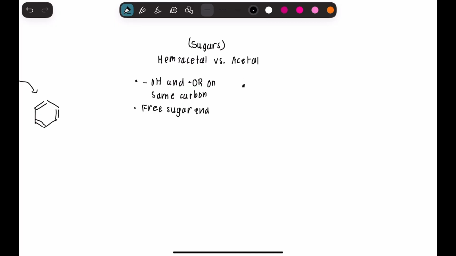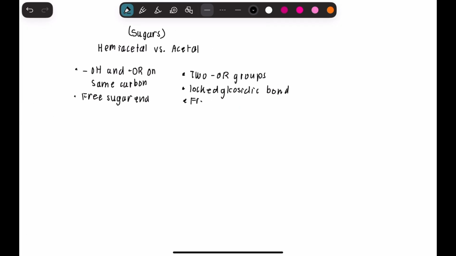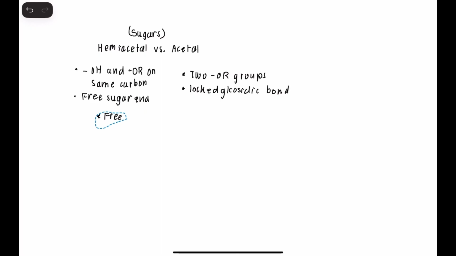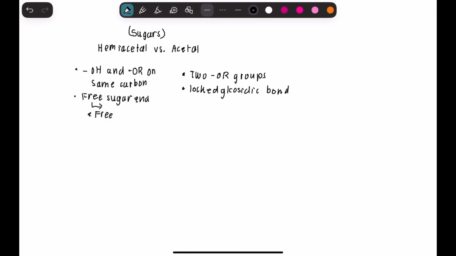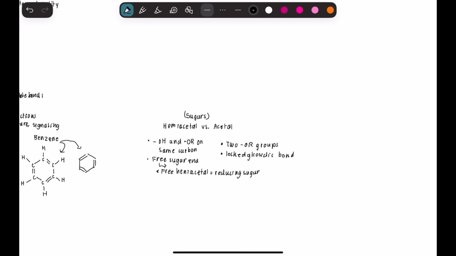Now for acetal, you have two OR groups, and you have a locked glycosidic bond. And when you have a free hemiacetal, that means you have a reducing sugar.